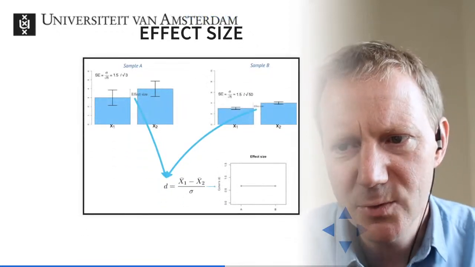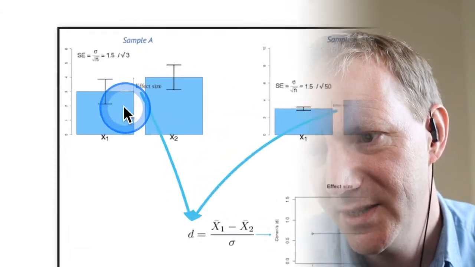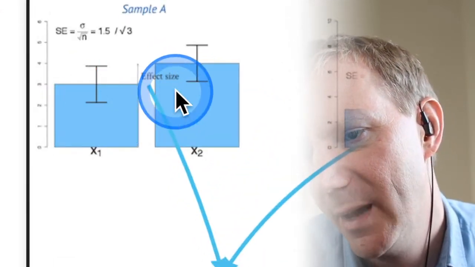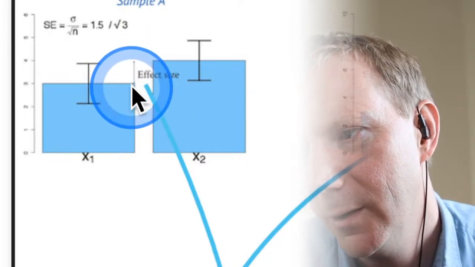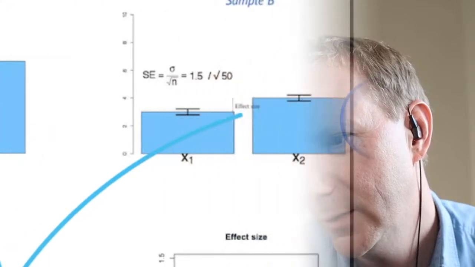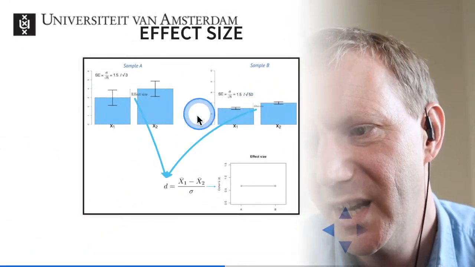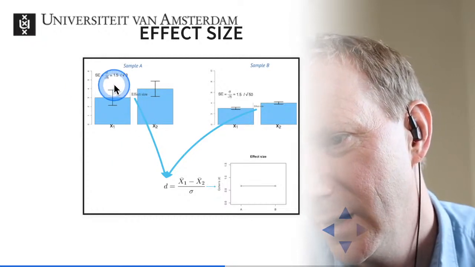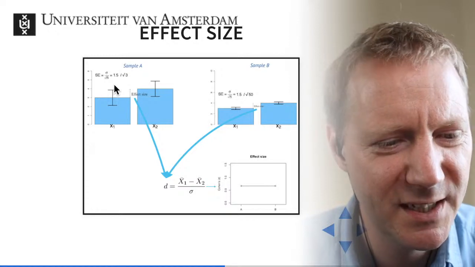So if you look at this one, we see the effect size, for example, between this distance and that one, and for the other one we see it here and there. And my question to you is, which effect size is bigger? Is it sample A or is it sample B? Who says sample A?